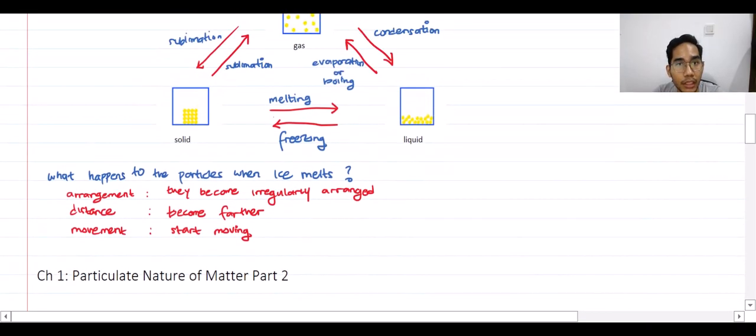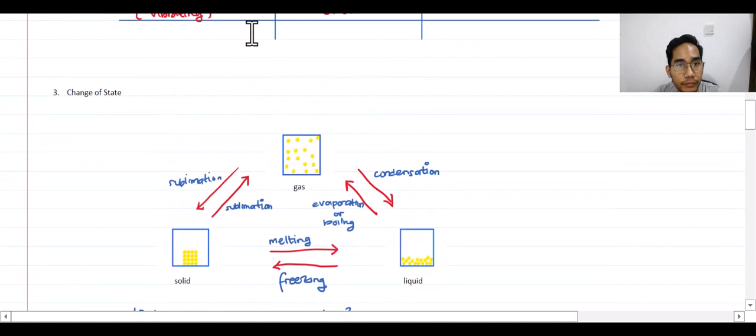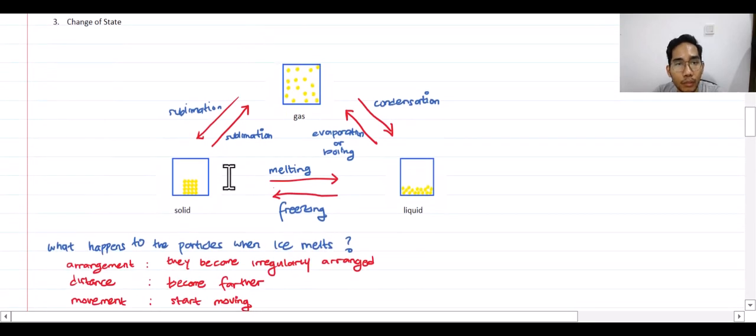Okay. Now the question is why there's a horizontal line, or why the temperature stays the same at the melting point and boiling point. If you remember from the change of state that we have learned previously, when a solid melts into a liquid, they start moving, correct?